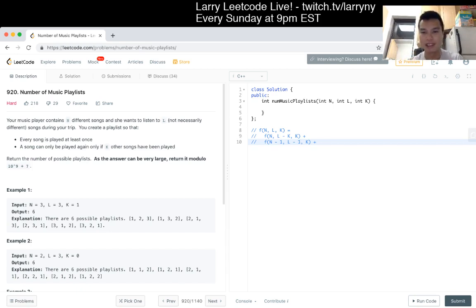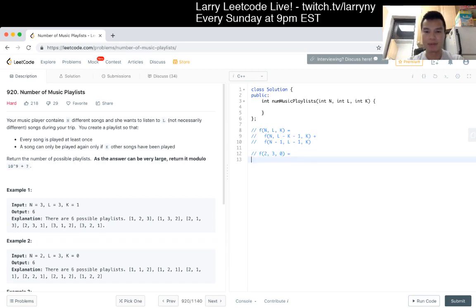So to put this in more visual terms, I'm not explaining this well, but let's say you have 3 songs, well, let's do 2 songs of length 3, and K is equal to 0. So maybe this is like K minus something like that, but plus 1, yeah.